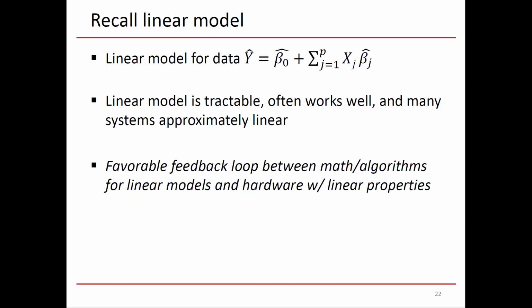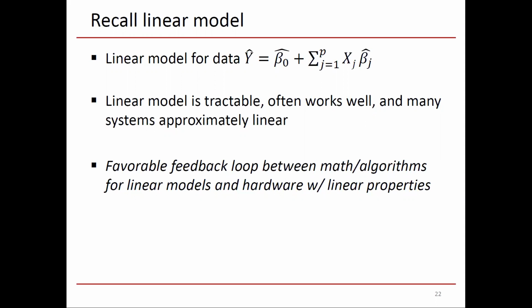If you think about it, there's a favorable feedback loop between the math and the algorithms for linear models. And these are increasingly mature. And because they're increasingly mature, people use this math and these algorithms. Moreover, it's not only in the machine learning world.